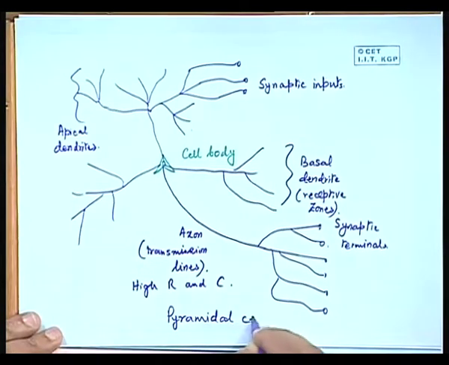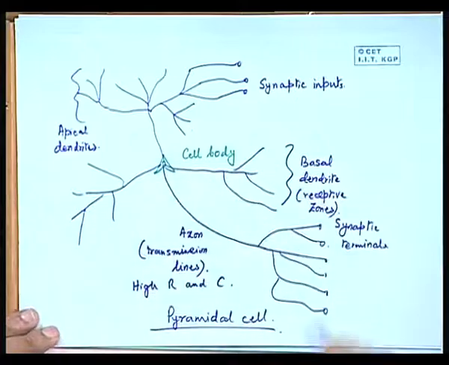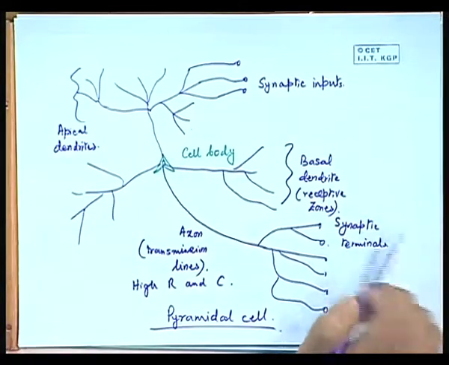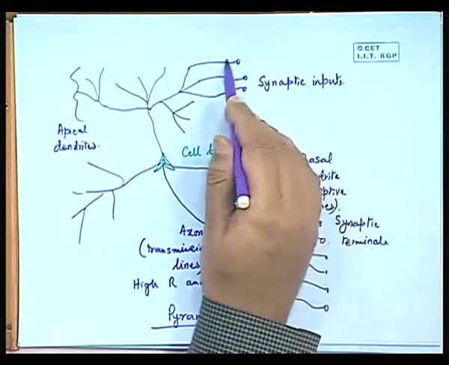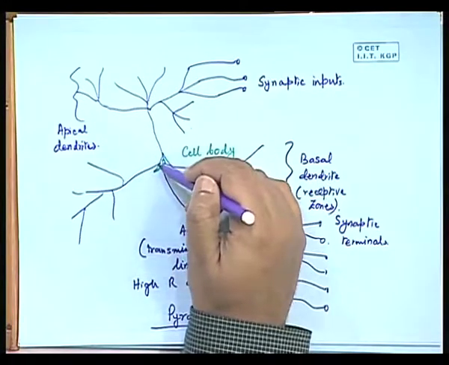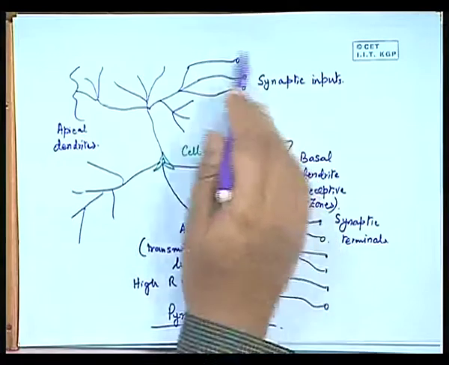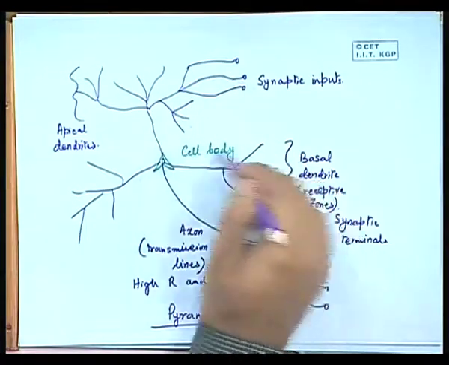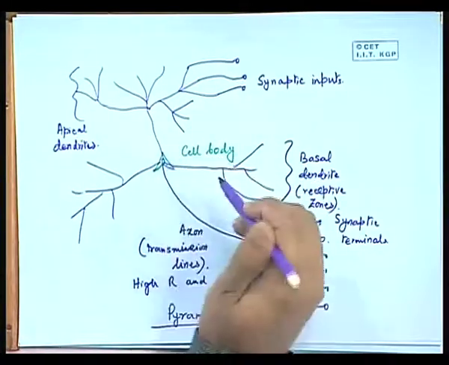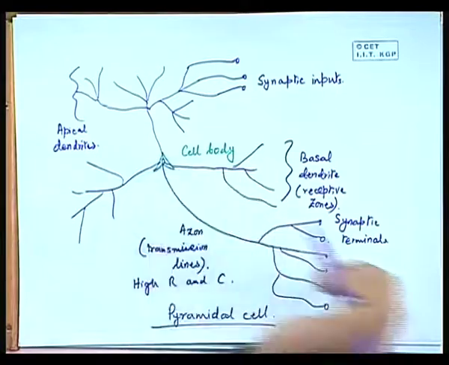Now, the pyramidal cell as shown here can receive synaptic inputs from other neurons, and these will basically carry the signal all to the cell body.